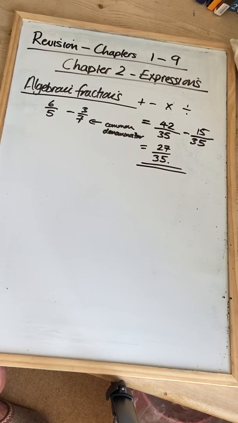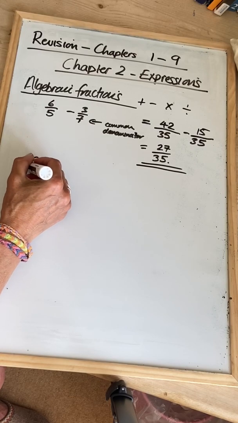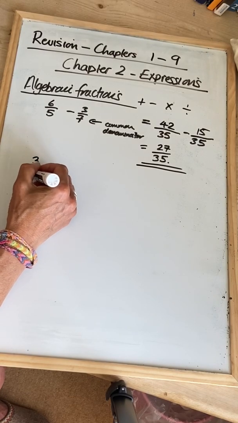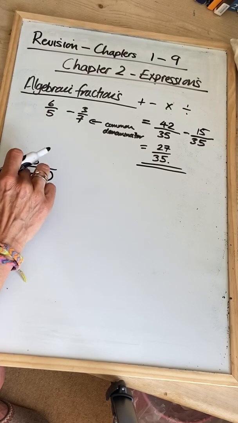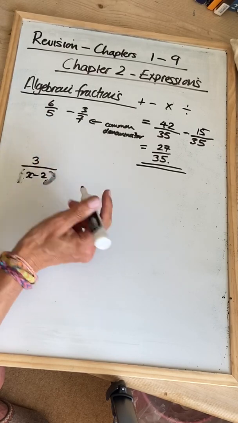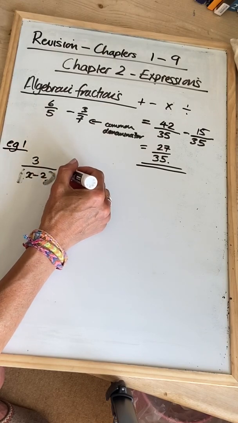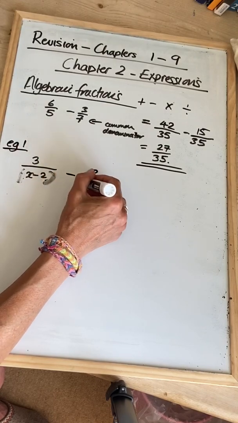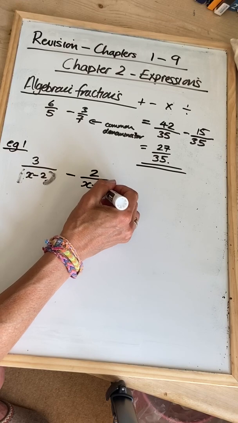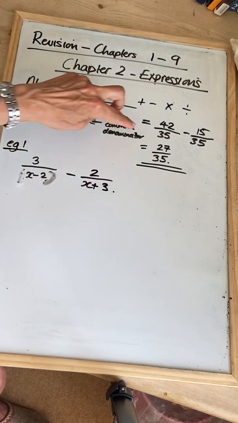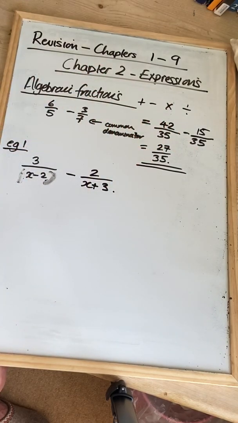So the same rule will apply for algebraic fractions. So if I've got here 3 over x minus 2, which I don't need in a bracket at the moment, so I won't put it in a bracket. So this is my example. And I've got minus 2 over x plus 3. I'm going to apply exactly the same rules as I applied here.